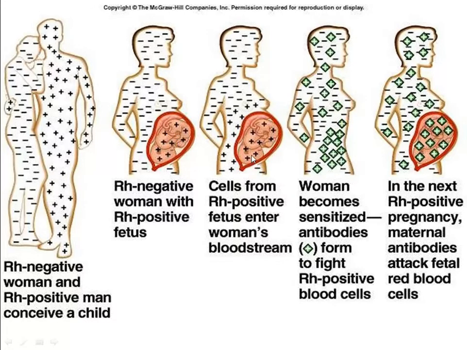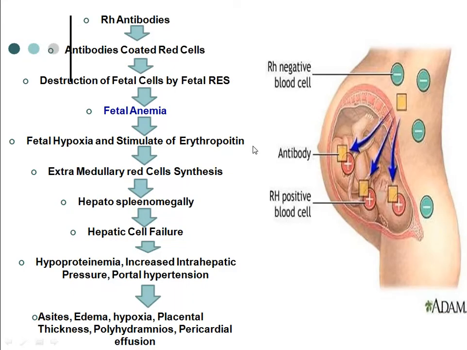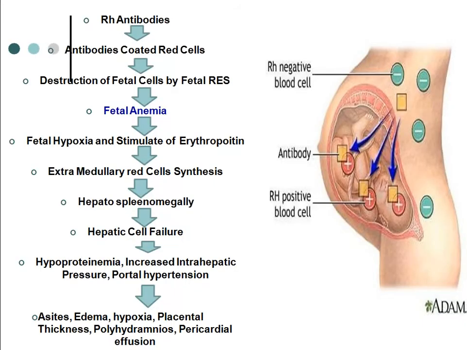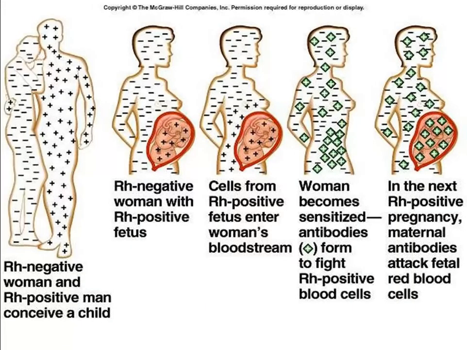So the cells from the Rh positive baby enter the woman's bloodstream. So the woman is producing, as you can see, green things, she is producing antibodies. And in the subsequent pregnancy, these antibodies enter the fetal circulation. This is what you can see in this diagrammatic representation.